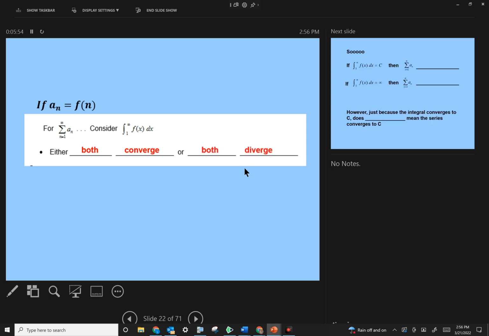Okay? And so if the integral converges, then that means the series converges. Remember when we did these integrals, we said, hey, does it converge or diverge? Remember that? So if the integral converges, then the series converges. So that takes us back to what made the integral converge? Do you remember? If the integral gave us a nice, neat, concrete, finite answer, constant, we said it converged.